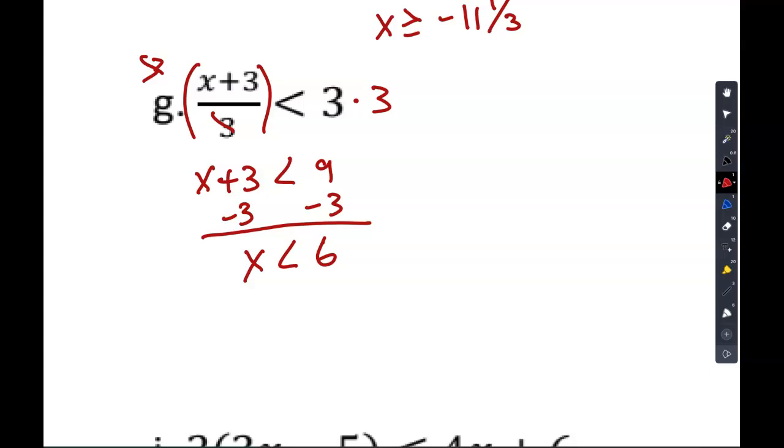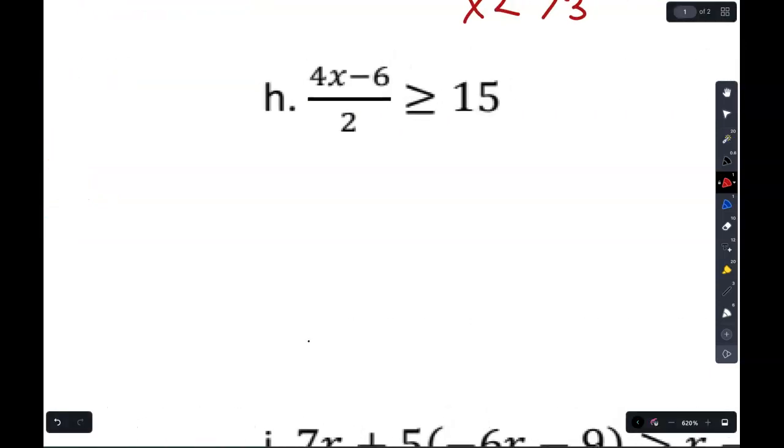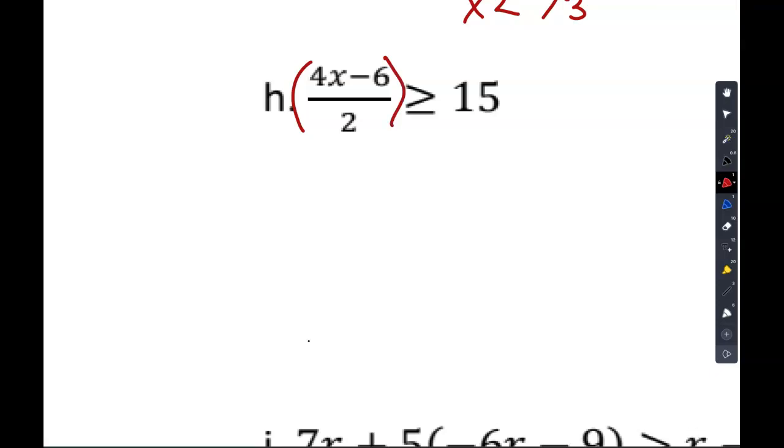Alright, here is another fraction. Okay, this time we're going to multiply by 2. Cancel this out. Over here I got 15 times 2, which is 30.